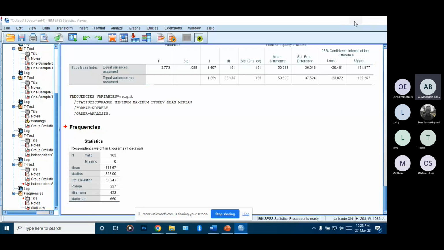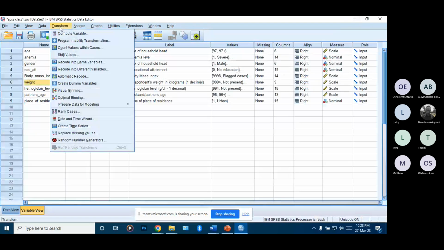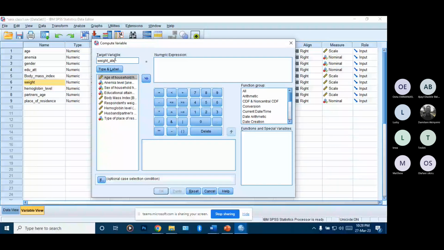I want to quickly compute a new variable. Let me name it weight after exercise. Now, it is a random number.